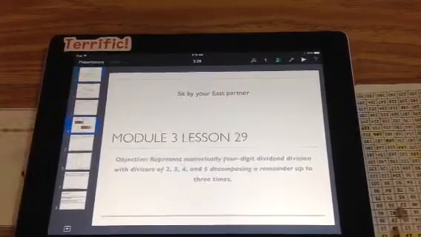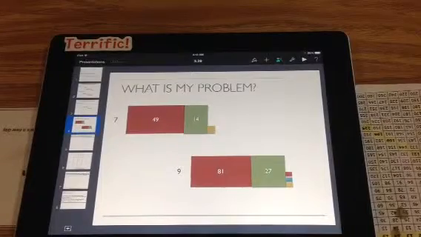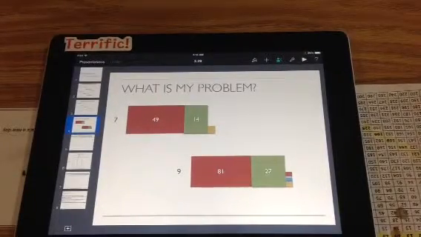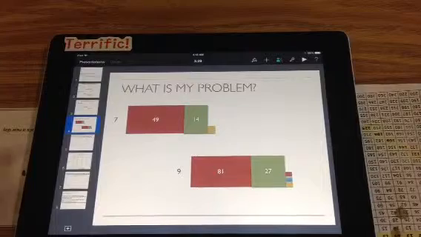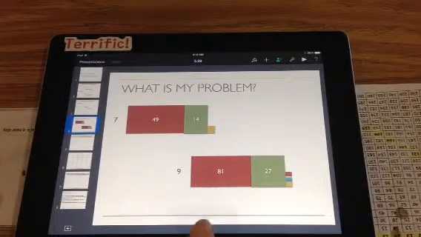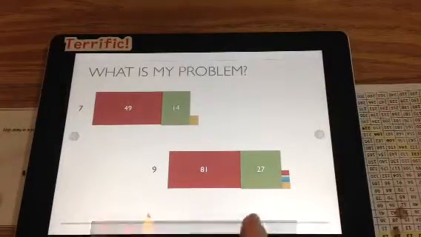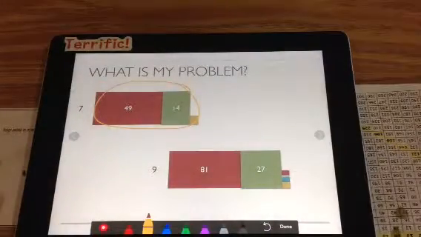Before I do that, I do want to address this one problem because you guys seem to be having some trouble with this. This problem is asking you, what did I originally solve? So in order to figure that out, you actually have to solve for the area. Since the area is this space, you actually have to add all that up.